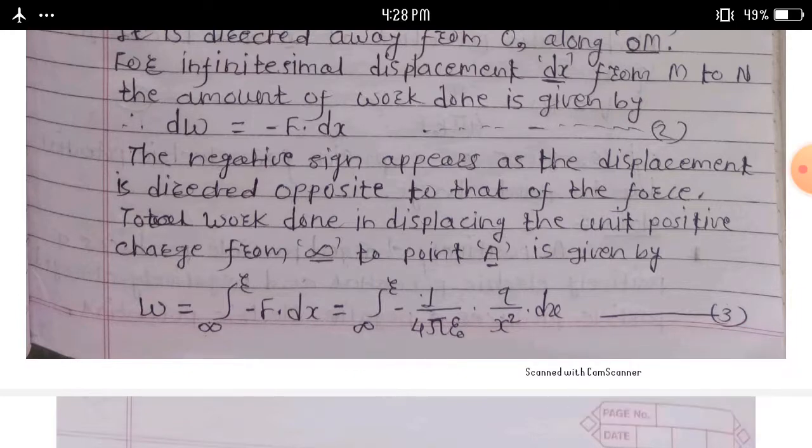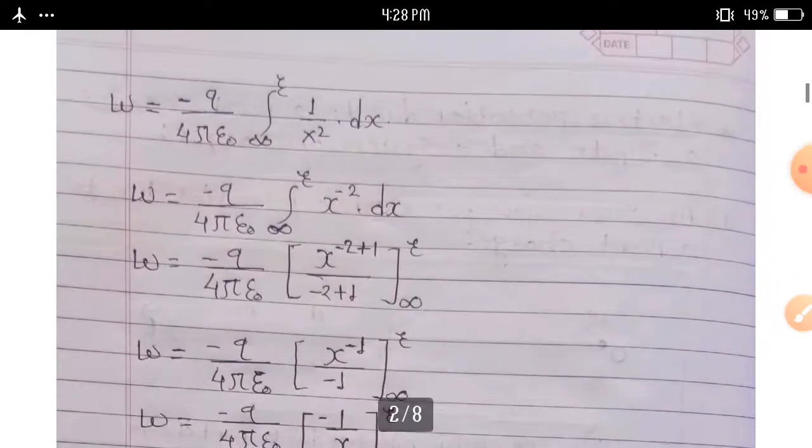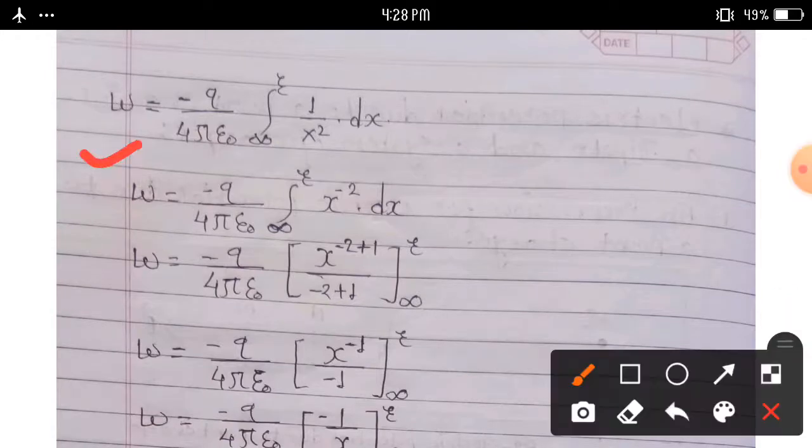Because this constant term we can write outside the integration, W is equal to minus q upon 4 pi epsilon naught integration from infinity to r of 1 upon x square into dx.